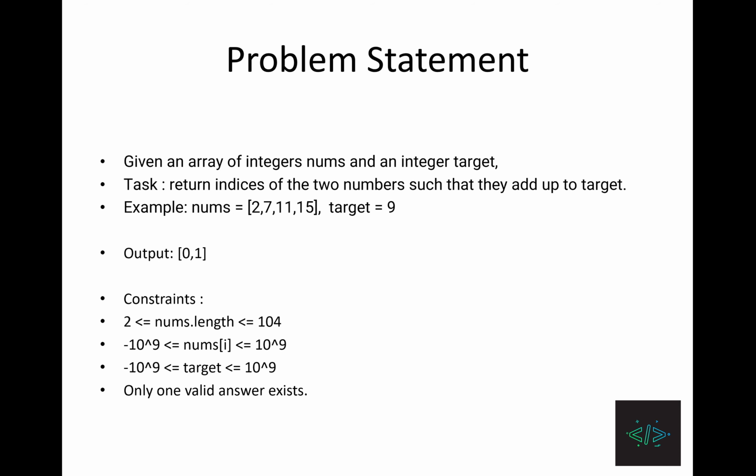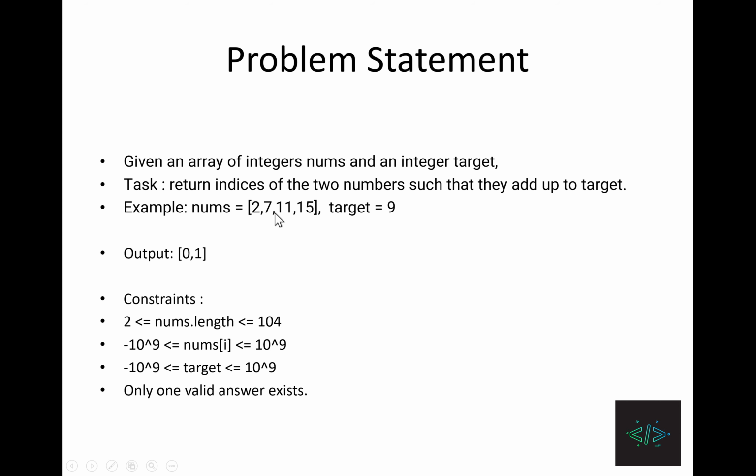This is the problem statement. The problem asks that, given an array of integers nums, we have to return the indices of the two numbers whose sum is equal to the given target.